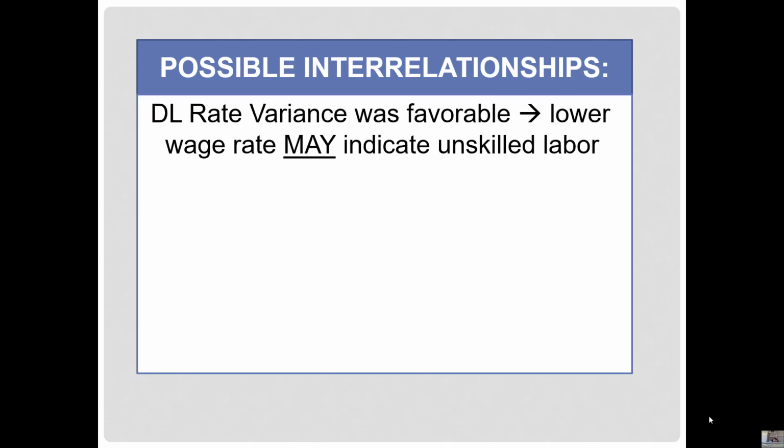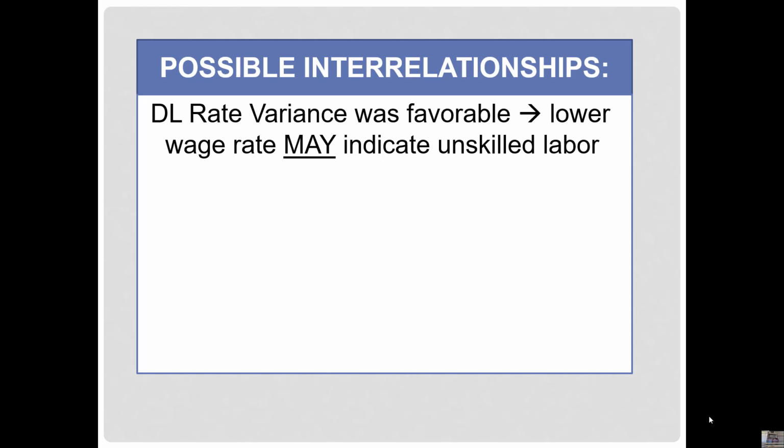We do want to take a minute to look at any possible interrelationships. Typically, you're looking for one favorable variance causing an unfavorable, or an unfavorable variance causing a favorable variance. For example, here, our direct labor rate variance was favorable, which means we paid a lower wage rate, but it may indicate we used unskilled labor.